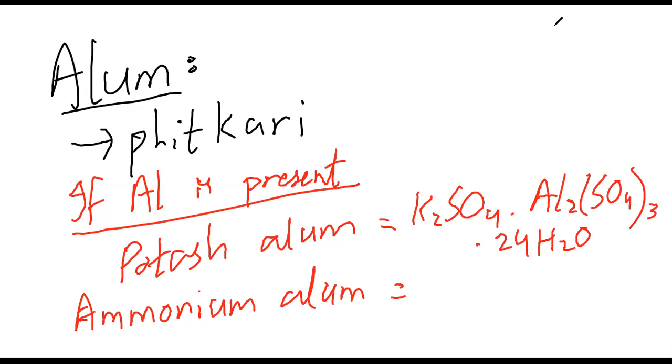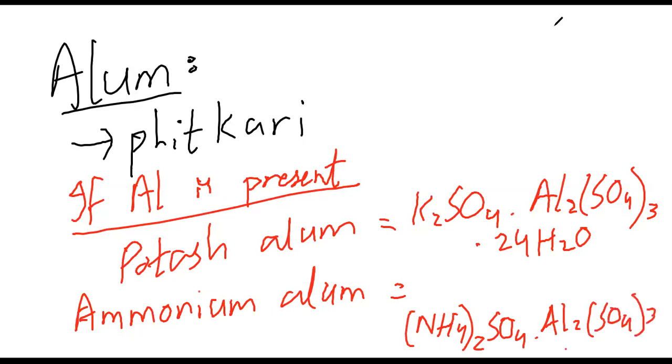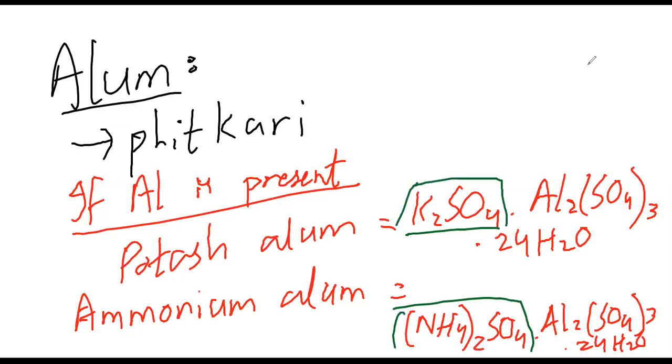Now for ammonium alum, (NH4)2SO4, dot Al2(SO4)3, dot 24H2O. The difference is only K2SO4 and (NH4)2SO4. Al2(SO4)3 is known as alum and 24H2O is known as water of crystallization. The things after the first formula are the same for both.